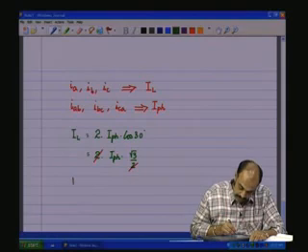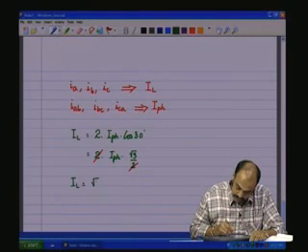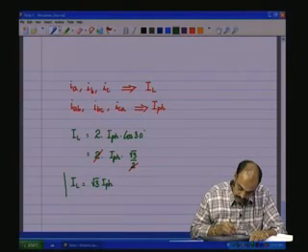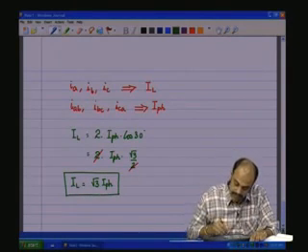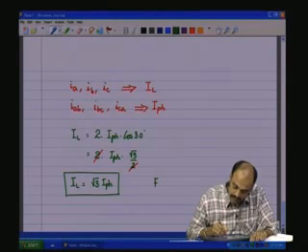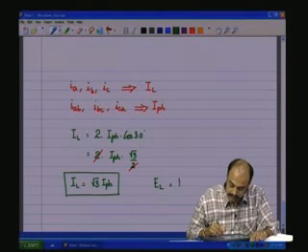So, we have the relationship IL is equal to root 3 I phase. Pretty important relationship. And here E line will be equal to E phase because they are the same.